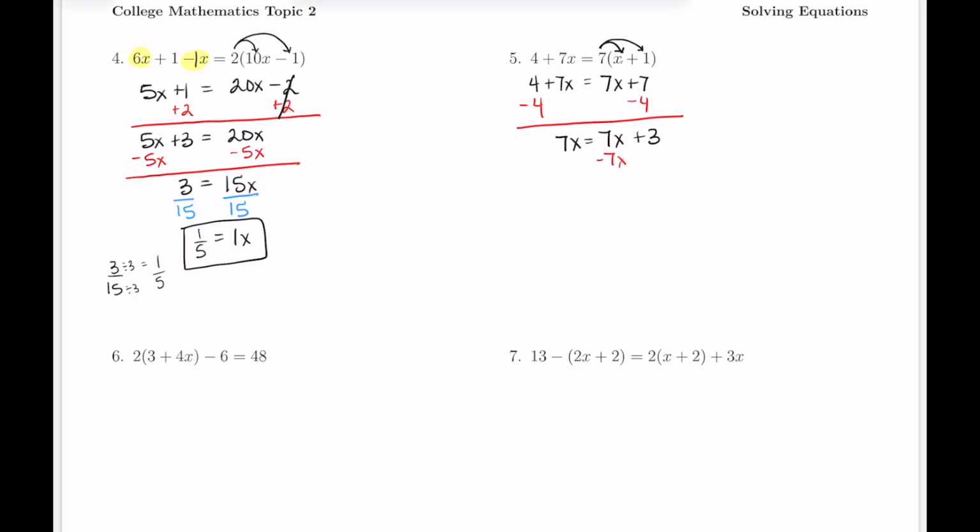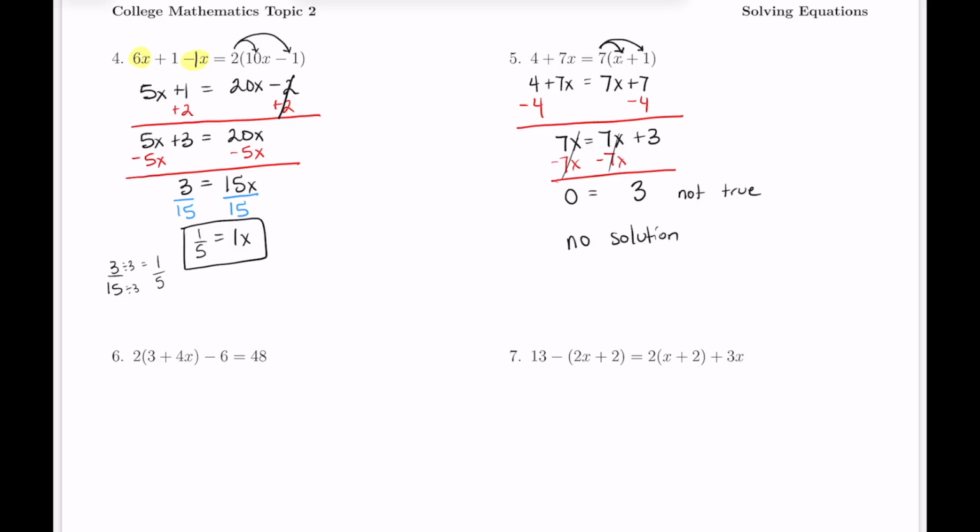When I subtract this 7x from each side now, I end up getting 0 equals 3 because those will each combine to be 0. Now this doesn't say x equals 0. This 0 equals 3, but that's not true. This is a no solution. So we'll go ahead and just write out no solution.